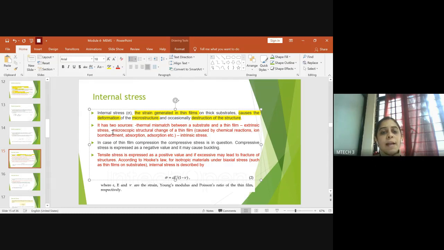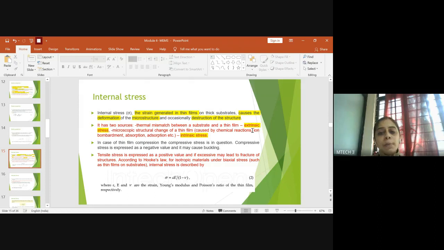Here we have mainly two sources. What are those? One is the extrinsic stress that you have to measure, and the other one is the intrinsic stress. When we say stress, it could be due to external surface or due to internal stresses, right? If the load subjected is a heavy load, it can hamper the surface very badly also.